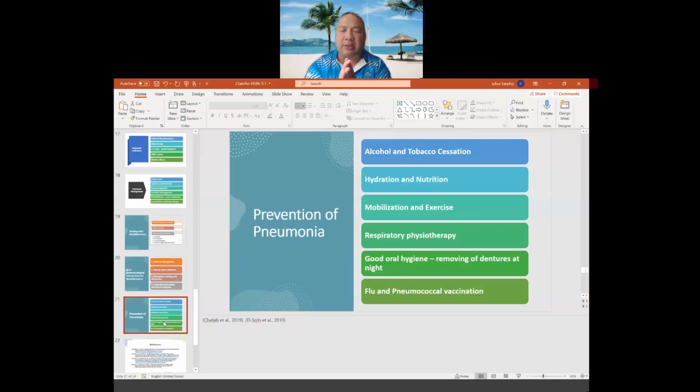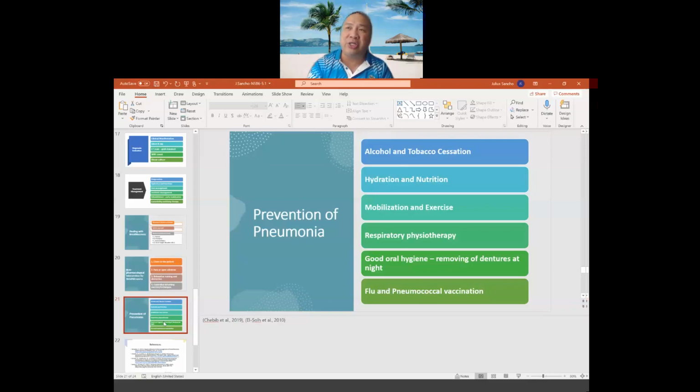Avoid smoking as much as possible because it could damage your lungs. Hydration and nutrition are also very important to keep the immune system going. Also, mobilization and exercise, respiratory physiotherapy, and deep breathing could also prevent pneumonia.